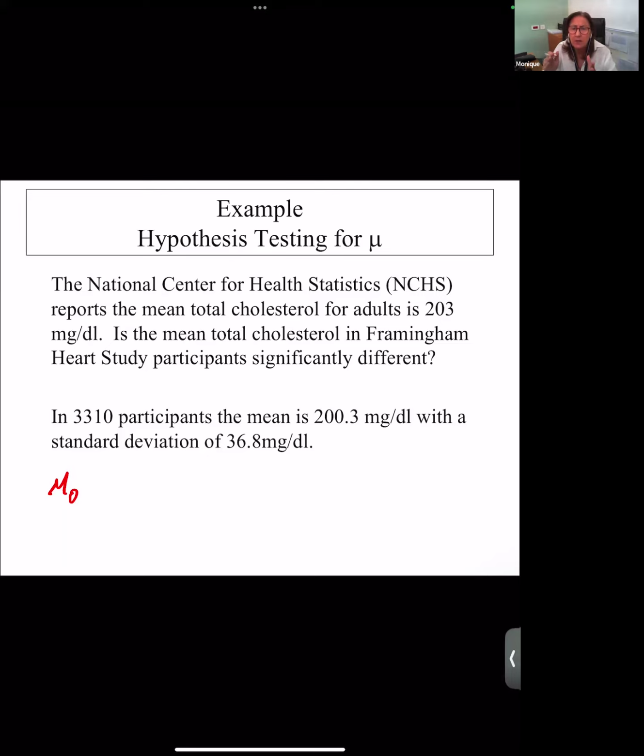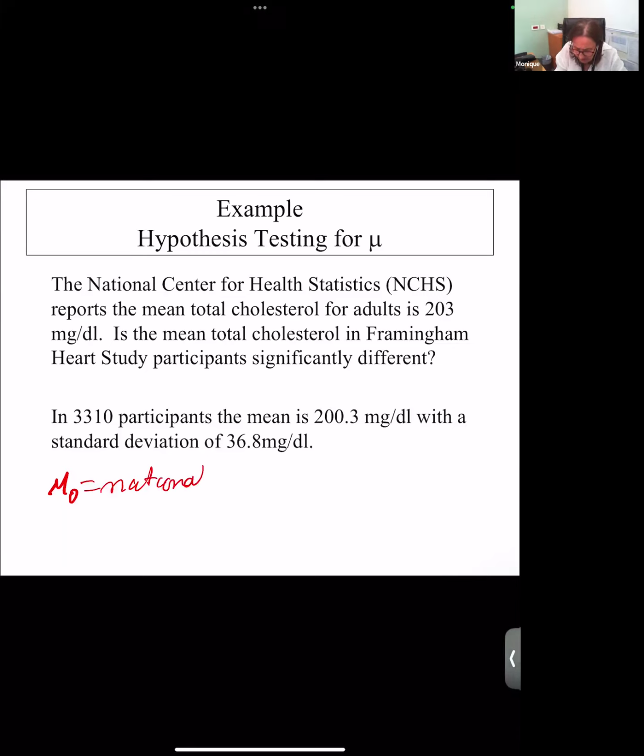Now, the question is the mean total cholesterol in the Framingham Heart Study. So they took a sample from the study, and they want to see whether this is different from the national mean. The mu 0 is the national statistic for cholesterol.